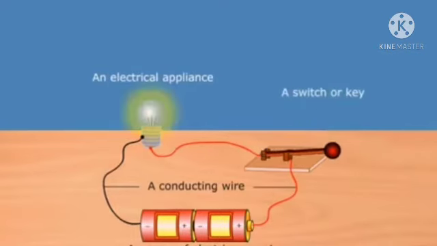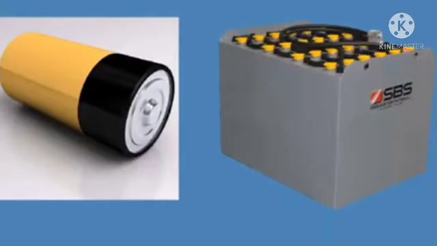When the switch is closed, the circuit is said to be on. In this condition current flows and the appliance works, for example the bulb glows. However, the circuit is said to be an open circuit when the switch is open and there is no current.